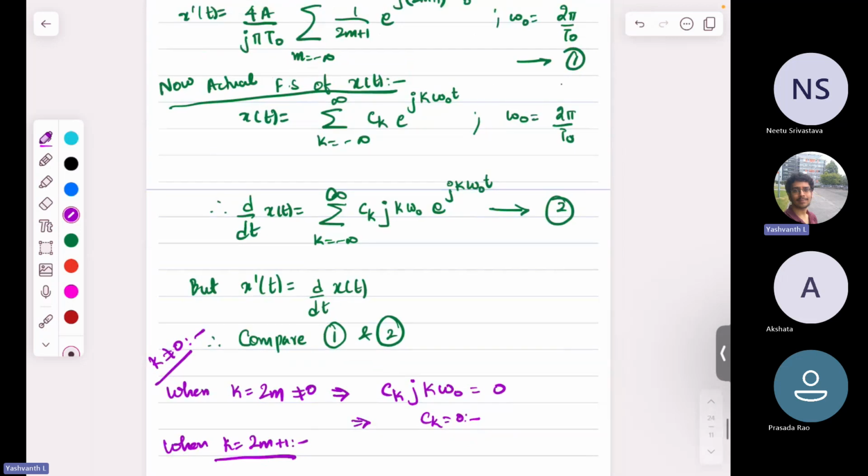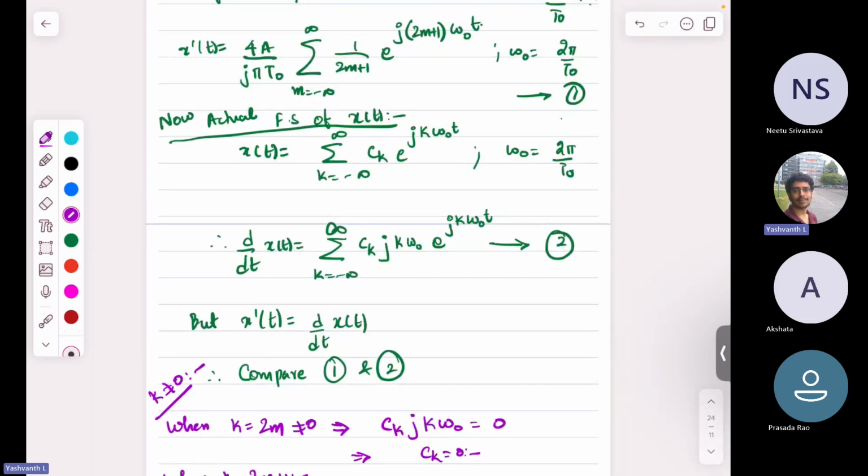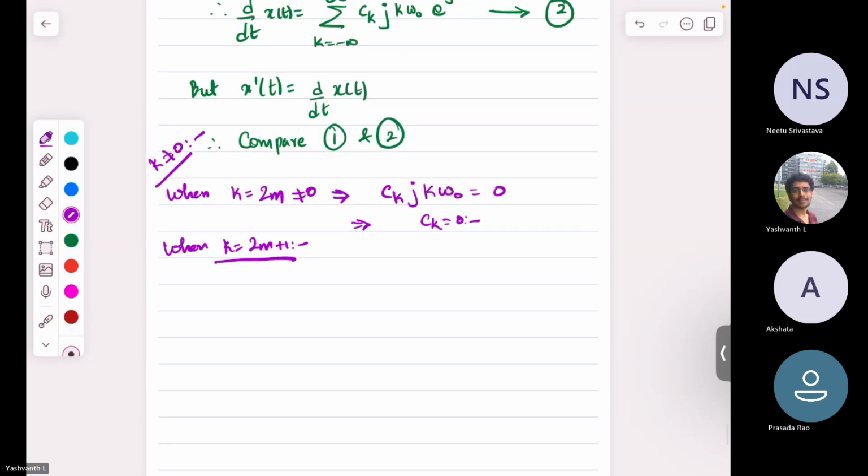What are the coefficients here? 4a by j pi t naught into 1 by k, because 2m plus 1 is k, should be equal to ck into jk omega naught. Your ck into jk omega naught should be equal to 4a by j pi t naught into 1 by k.